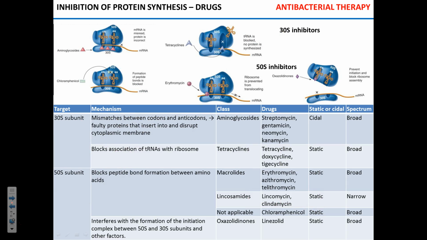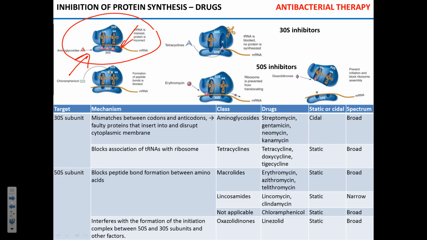Now, this table summarizes the mechanisms and shows you an illustration of those mechanisms. So aminoglycosides here bind to the 30S subunit, and they cause the tweaking of that 30S subunit.